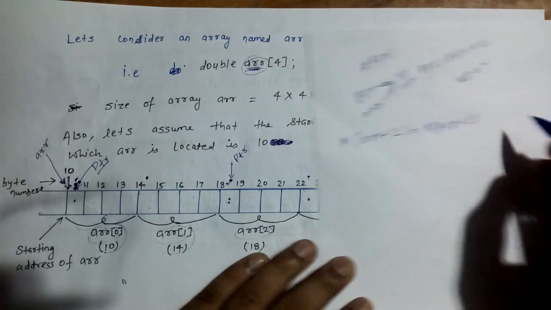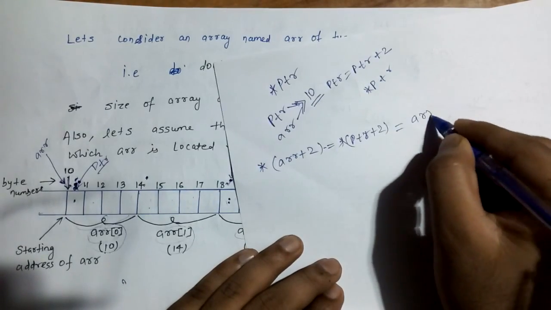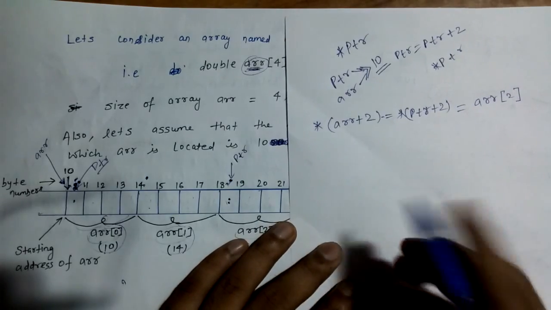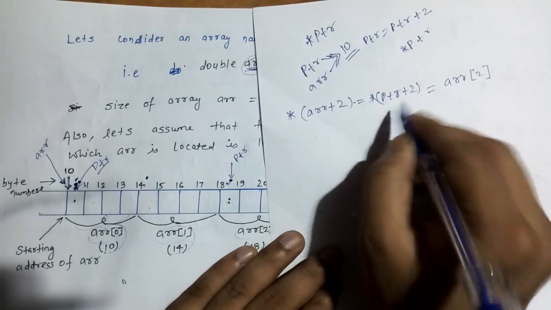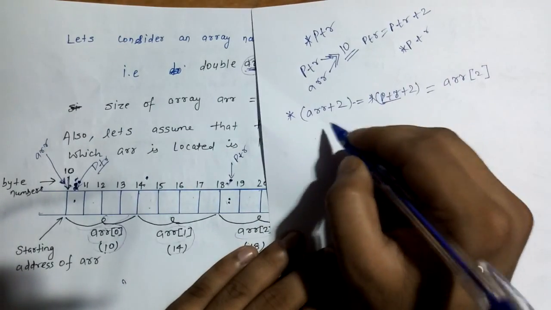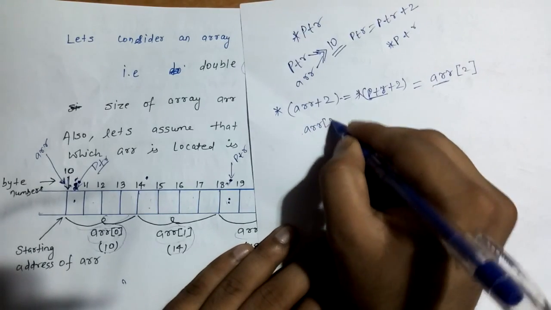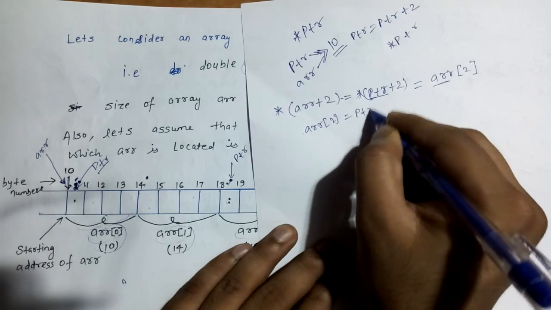That is, this is equal to arr[2]. Also remember, you can use the pointer name in the same way you use the array name. That is, you can also write arr[2] as ptr[2].